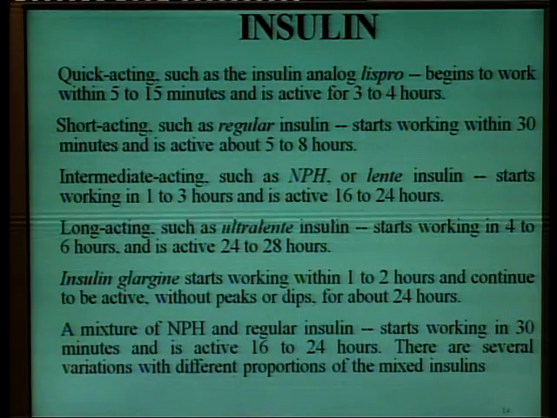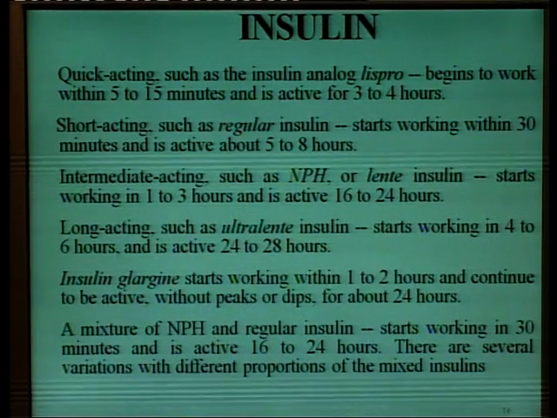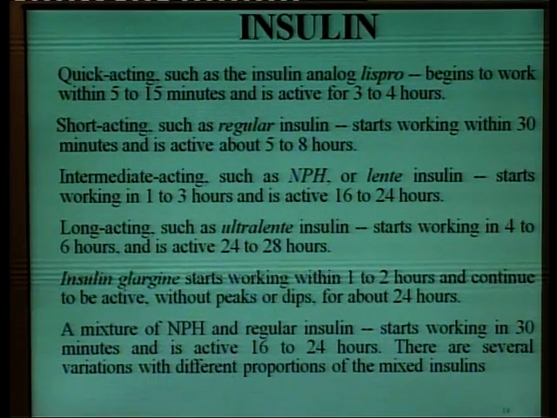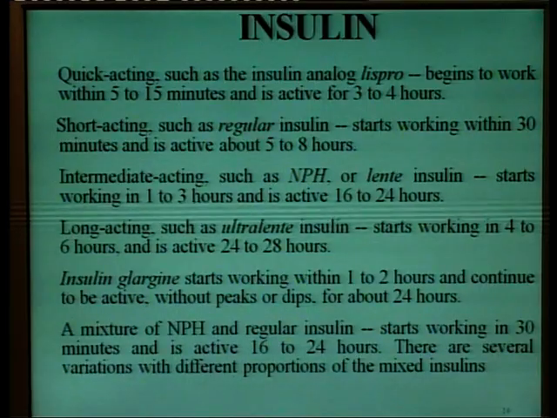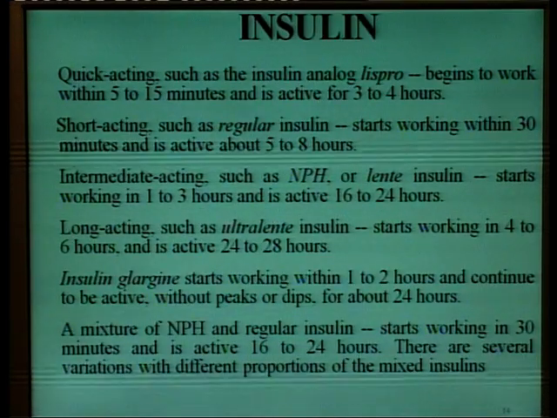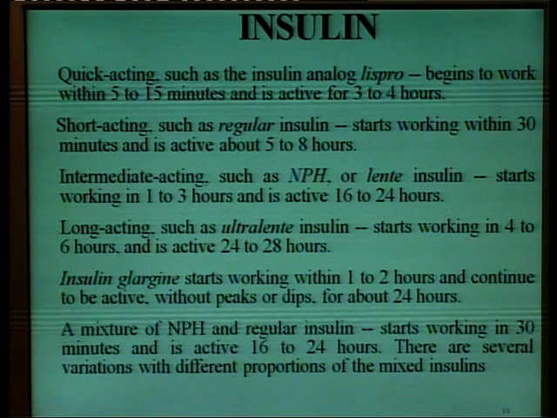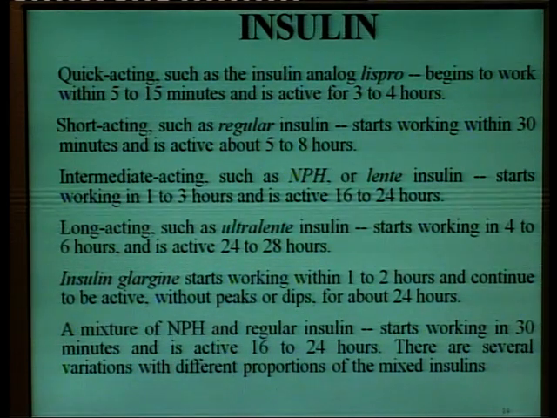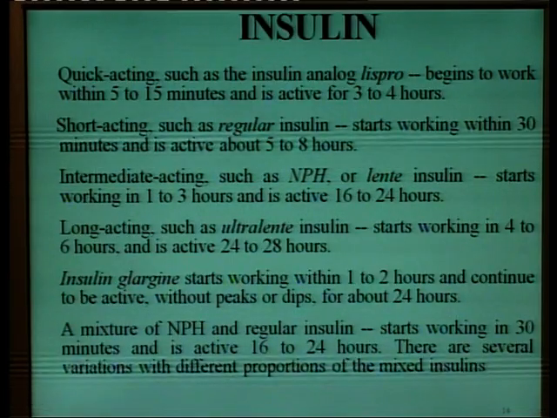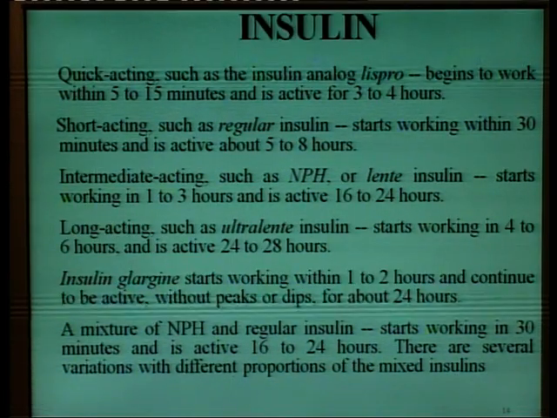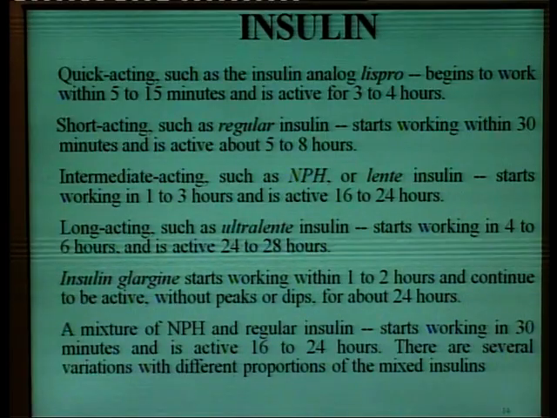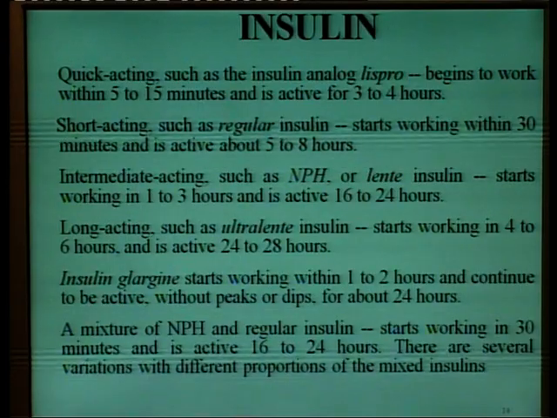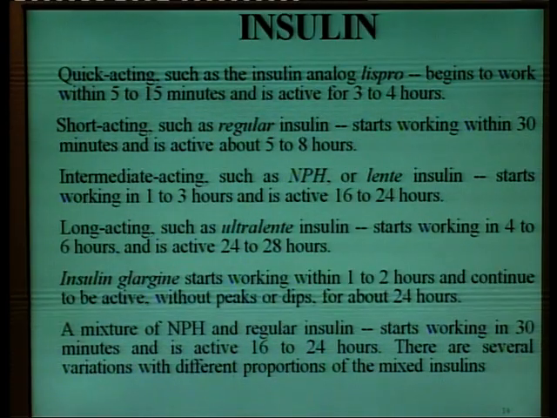Intermediate acting, such as NPH or lente insulin, starts working in 1 to 3 hours and is active for 16 to 24 hours. Long acting, such as ultralente insulin, starts working in 4 to 6 hours and is active for 24 to 28 hours. Glargine starts working within 1 to 2 hours and continues to be active without peaks and dips.